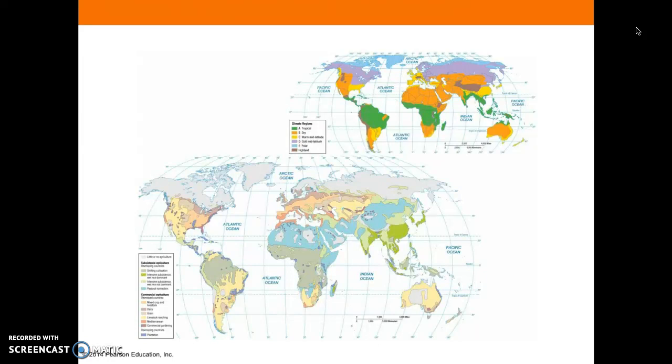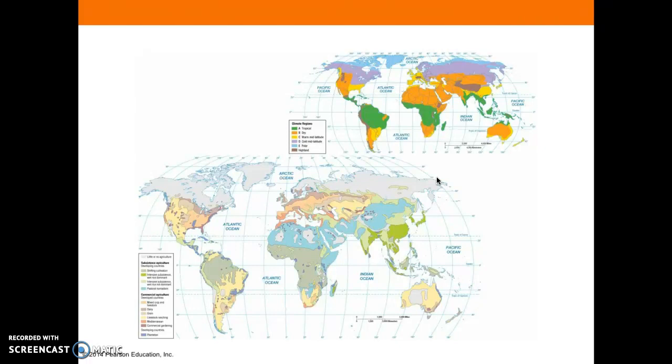So you have subsistence agriculture present in these areas here. Pastoral nomadism is prominent in these pale blue areas. Up here you have no agriculture present.